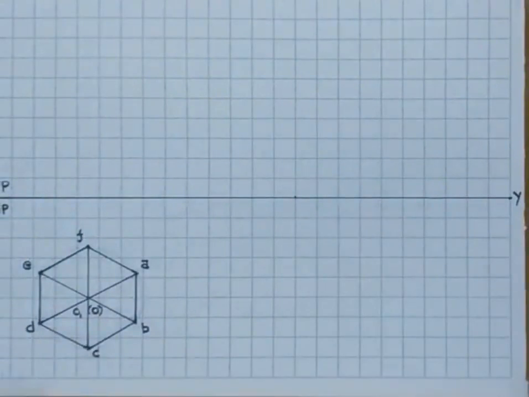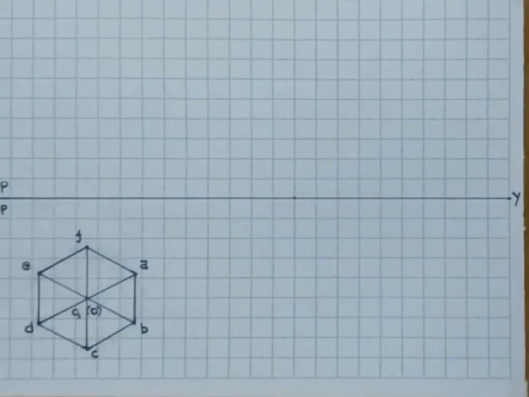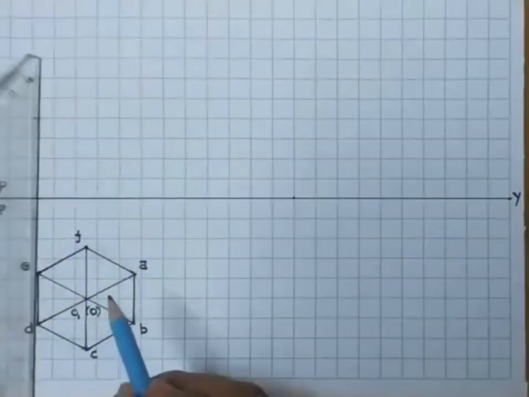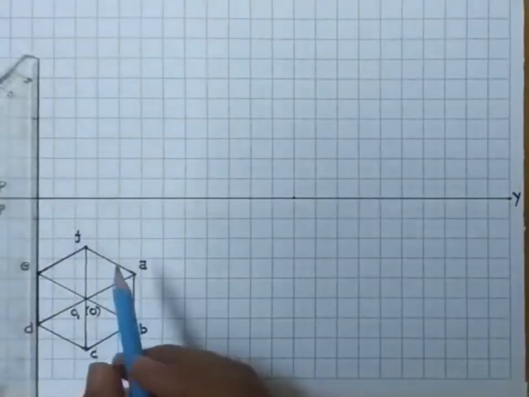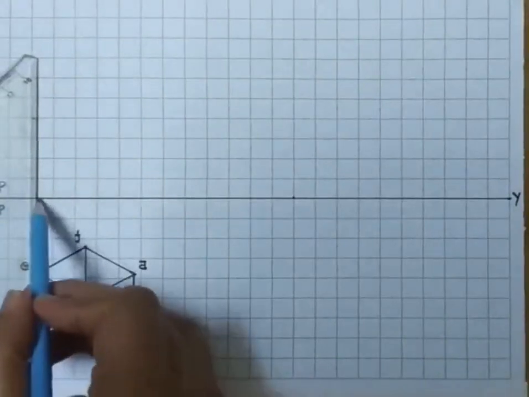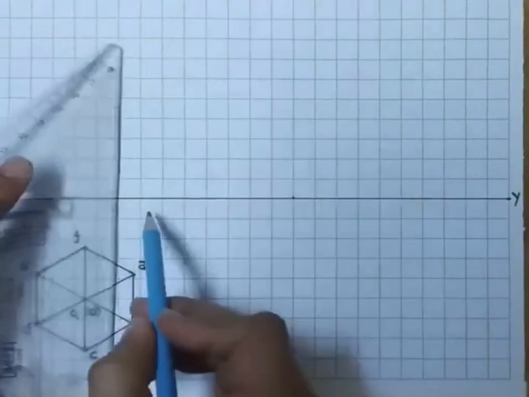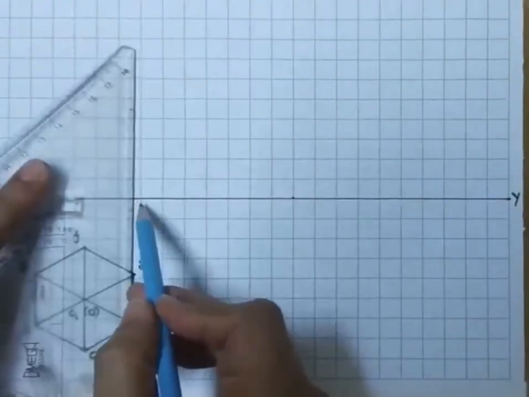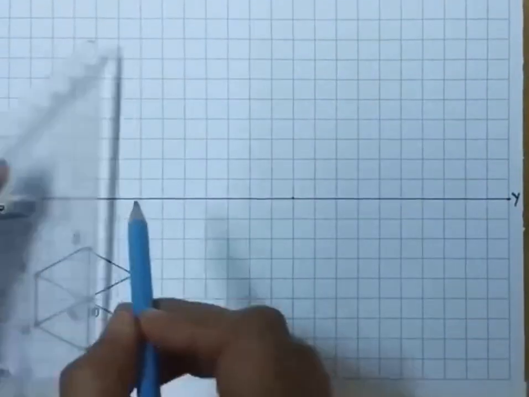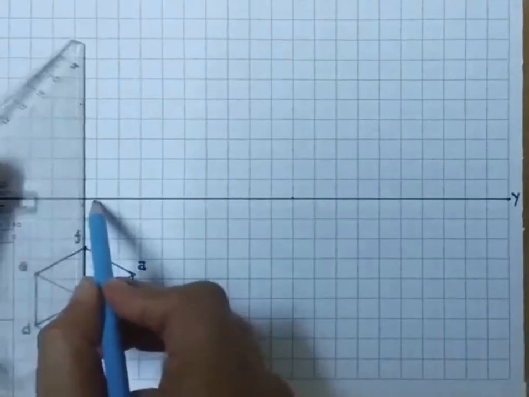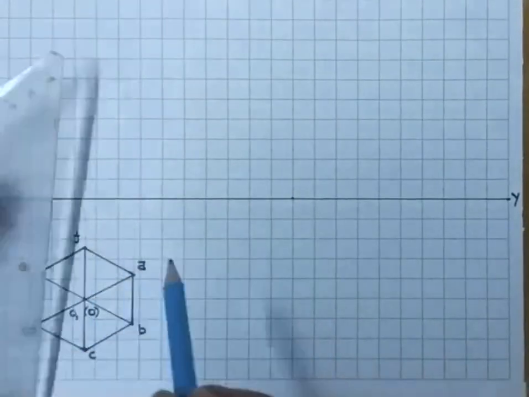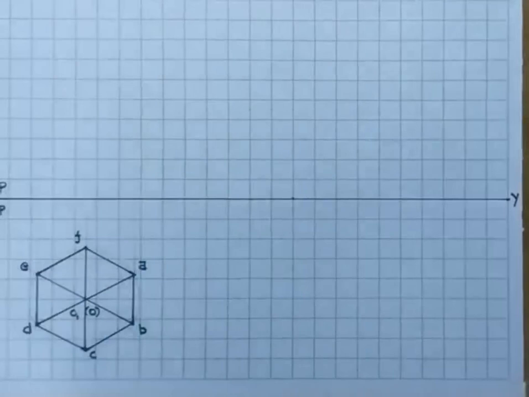Now we need to draw the front view. Project all the points from the top view to VP. Before that, draw the axis.